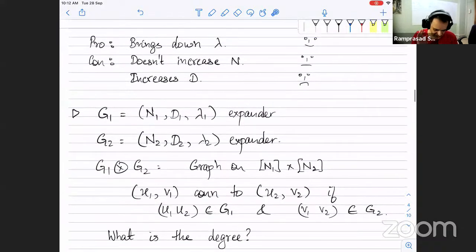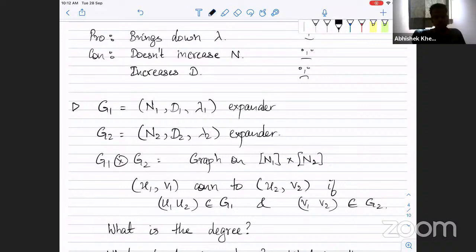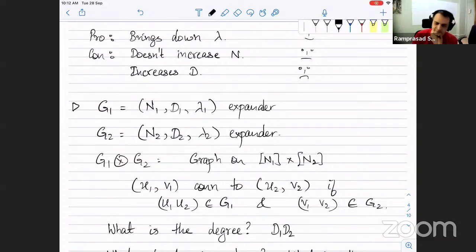Let's look at some basic operations. What is the degree of this graph? D1 D2. Now the degree would be, I have D1 many choices for the neighbors out of U and D2 many choices for the neighbors out of V. So these are the number of possible edges that I can take out of this pair.